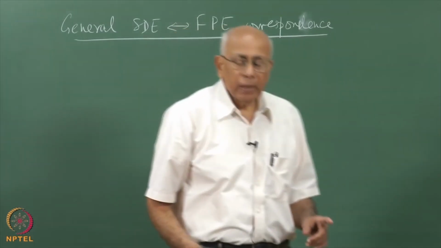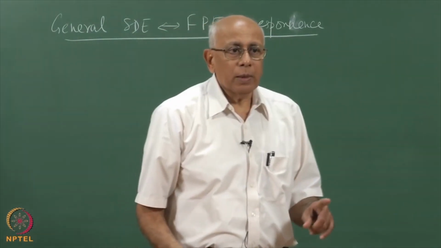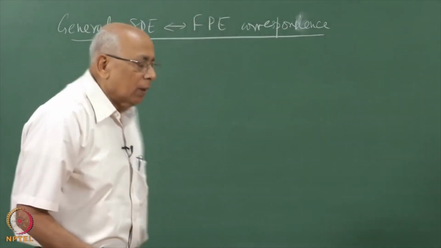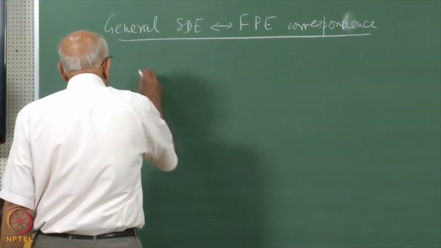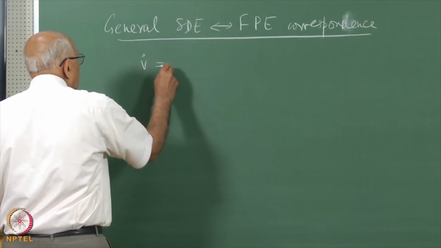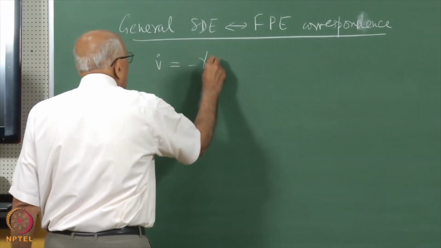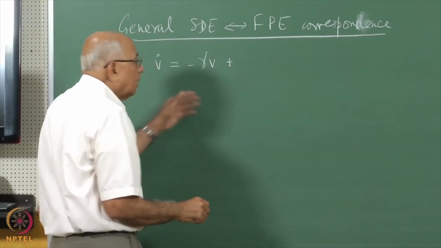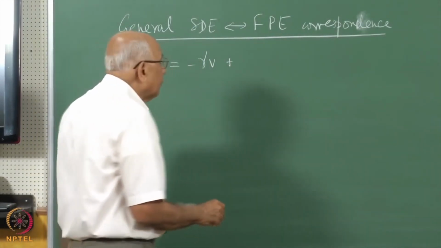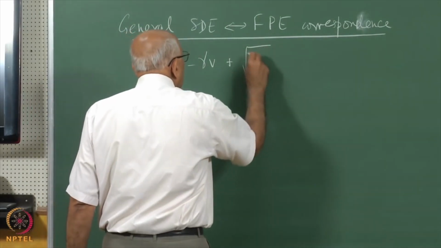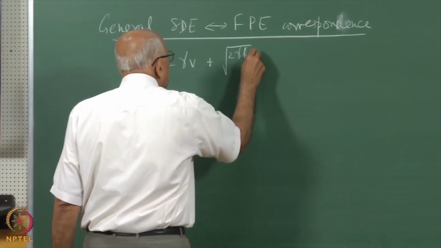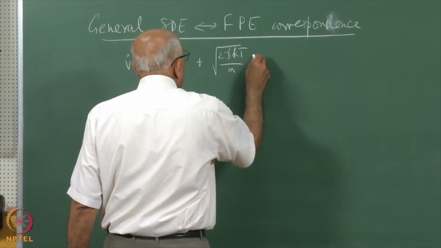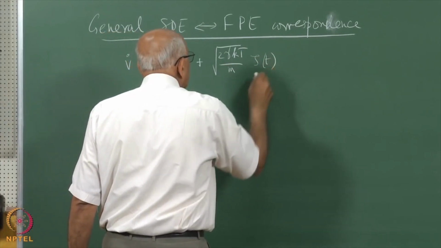Just to refresh your memories, let us go back and look at what we had come out with in the case of the ordinary Langevin equation. There we had V dot, a velocity, one component, was minus gamma V plus a noise. This noise, after I divided by m, turned out to be square root of 2 gamma kT over m, and then there was a zeta of t here.